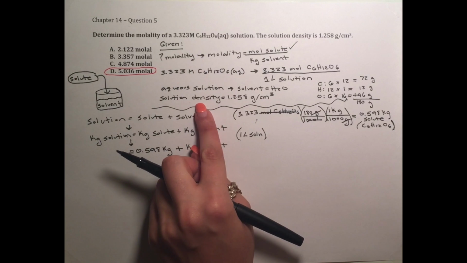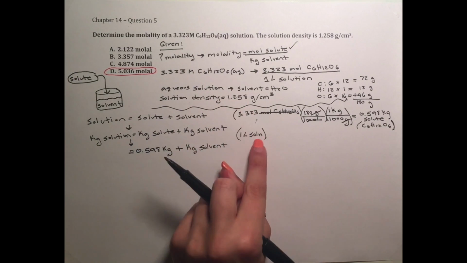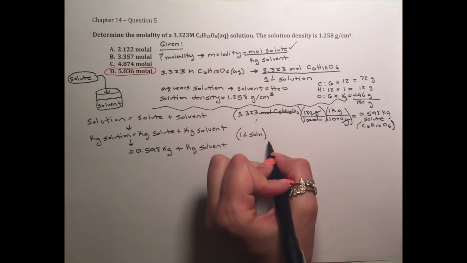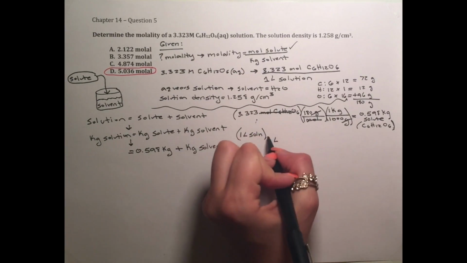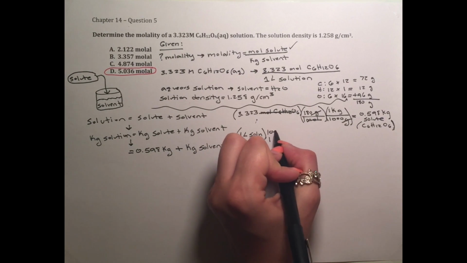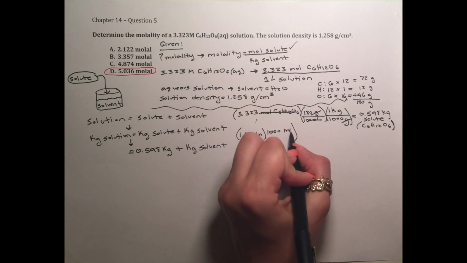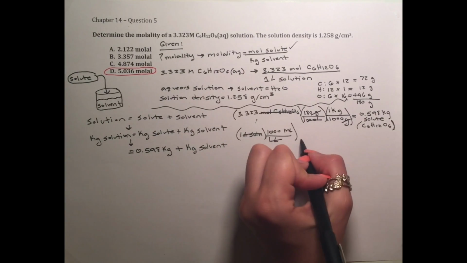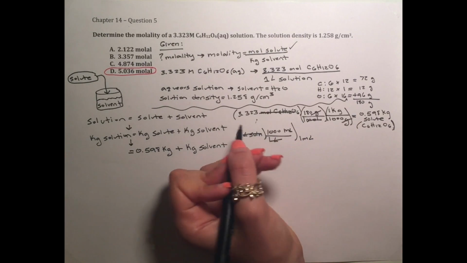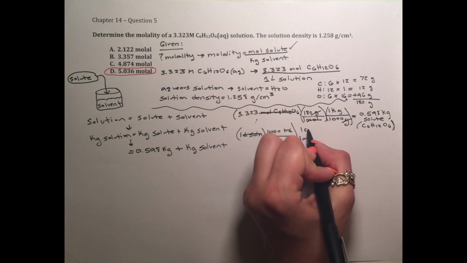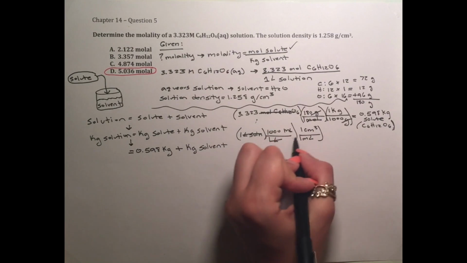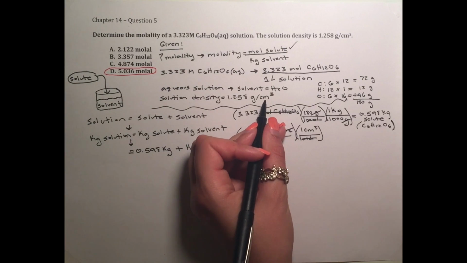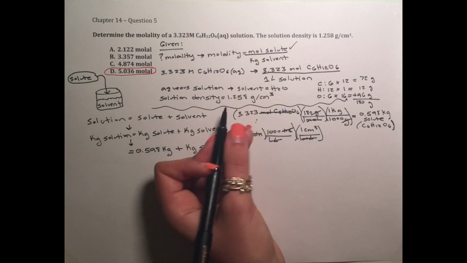Alright, so we were given a solution density. So we should find if we can convert liters to centimeters cubed. Well, 1 liter is equivalent to 1,000 milliliters. And cross out liters. 1 milliliter is equivalent to 1 centimeter cubed. And let's cross out our milliliters. And then we know that for 1 centimeter cubed, we have 1.258 grams.